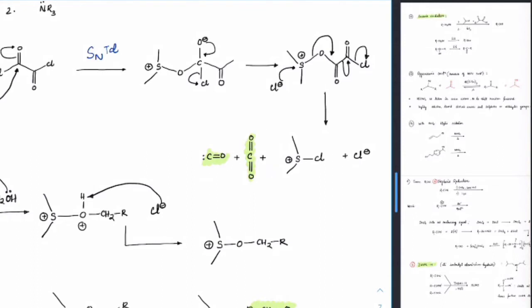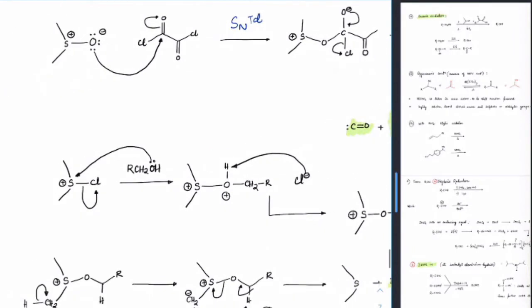And if you check out the other part which is formed here, this group has shifted here, so we will get this intermediate, you can see, right? This is the part which will be useful for us in the reaction.